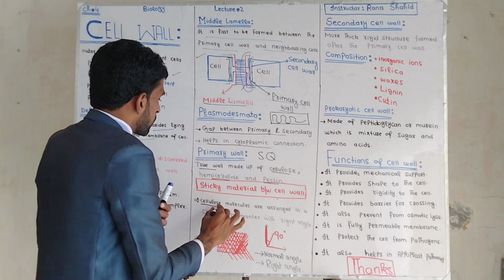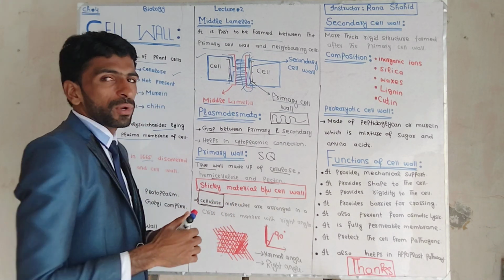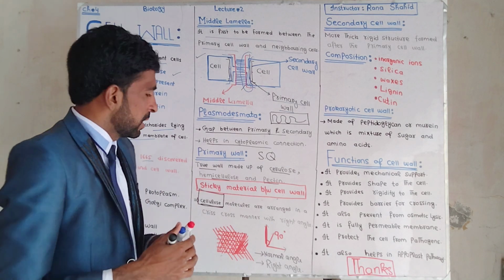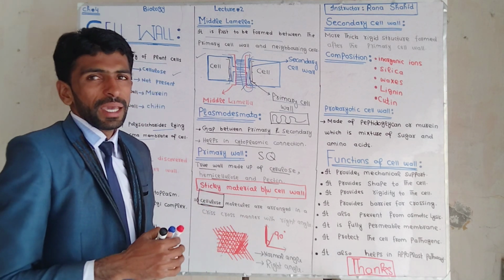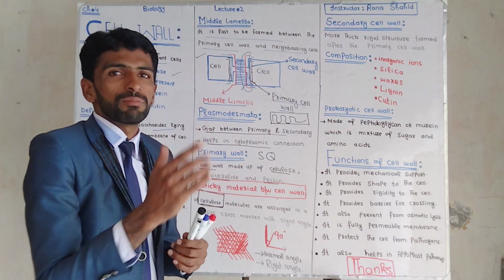Cellulose is the major component of the primary cell wall. It is a polysaccharide in which many glucose units are arranged in a crisscross manner.